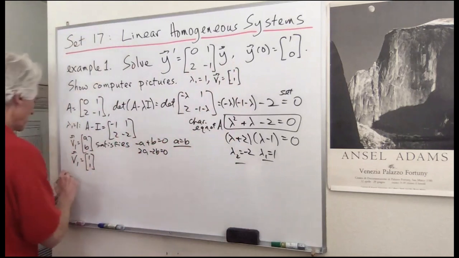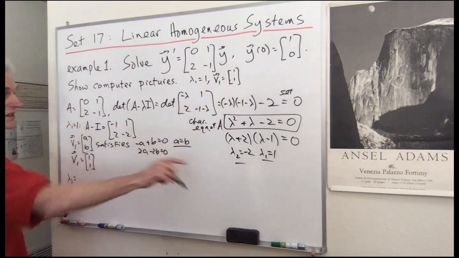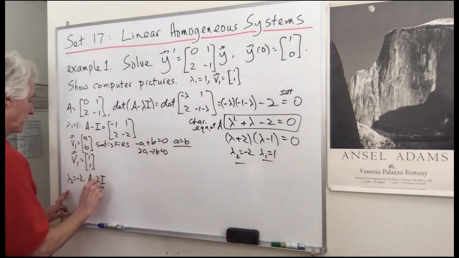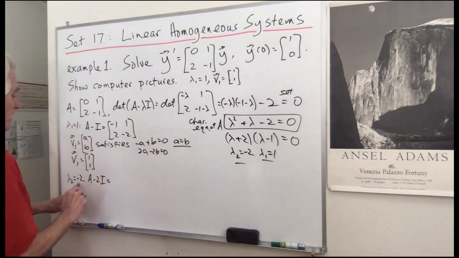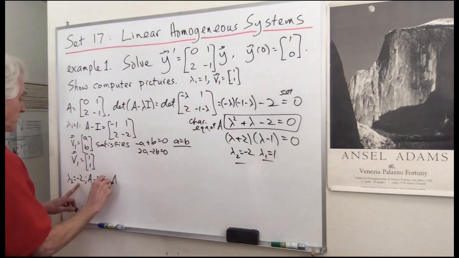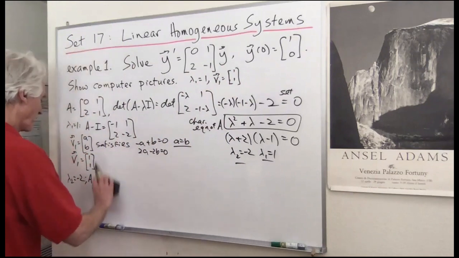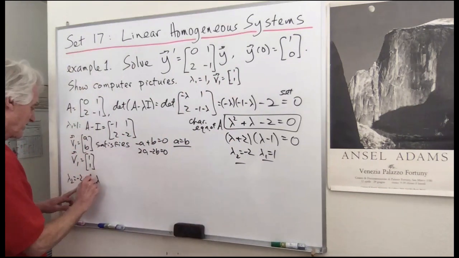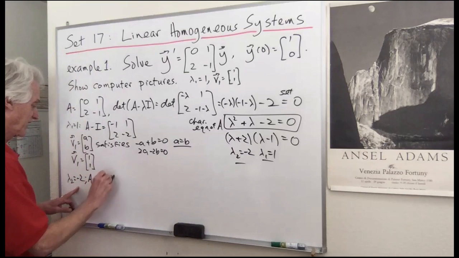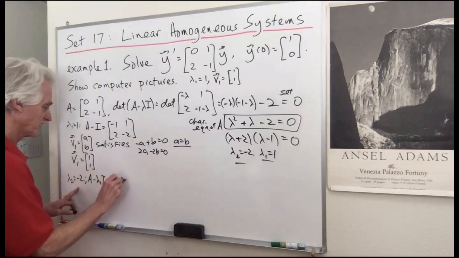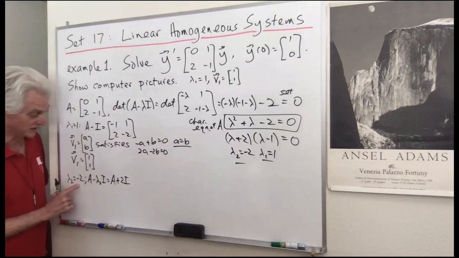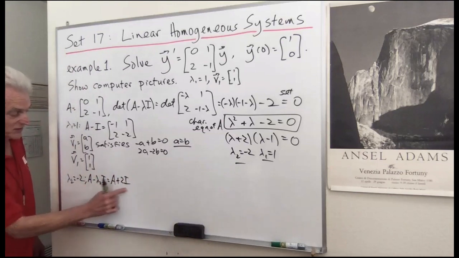So lambda 2, which is negative 2, satisfies A minus lambda 2 I. I want to mention a little trick here. A minus lambda 2 I is A plus 2I. Especially when the eigenvalues are negative, it's good to take care when subtracting the eigenvalue.